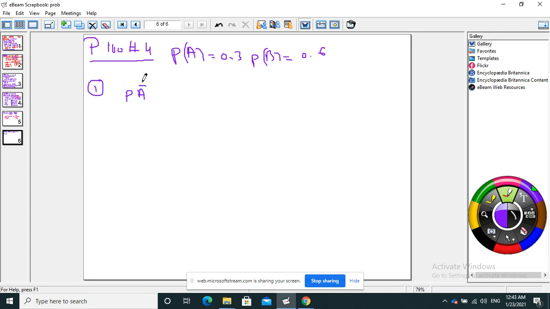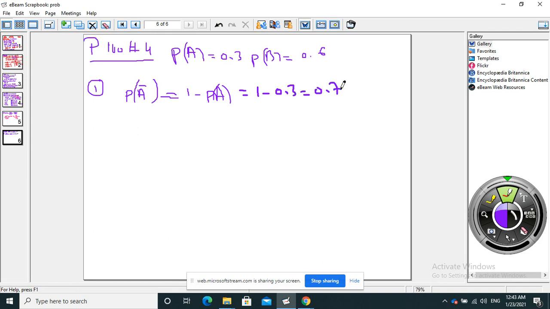So what formula gives me P of A bar? It's 1 minus P of A, so 1 minus 0.3, which is 0.7. Guys, you will notice that the probability of anything is always between 0 and 1. When the probability is 1, it's certain, and it cannot be bigger than 1.